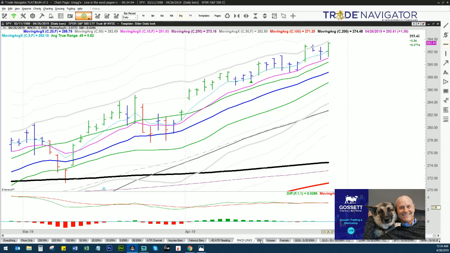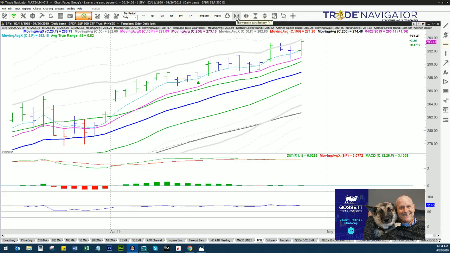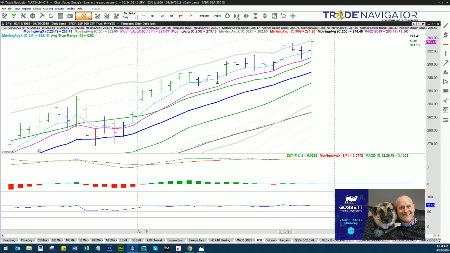Okay, RSI. You hear me talk a lot about RSI, and RSI is the relative strength index. Basically, it's a momentum oscillator that measures the speed and the change of price movements between 0 and 100.